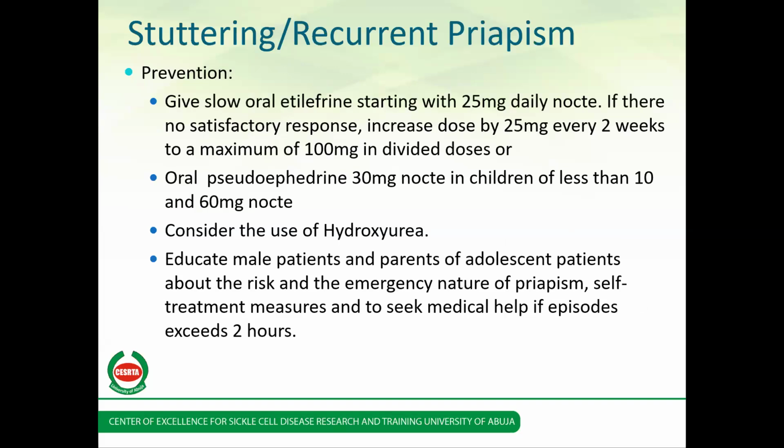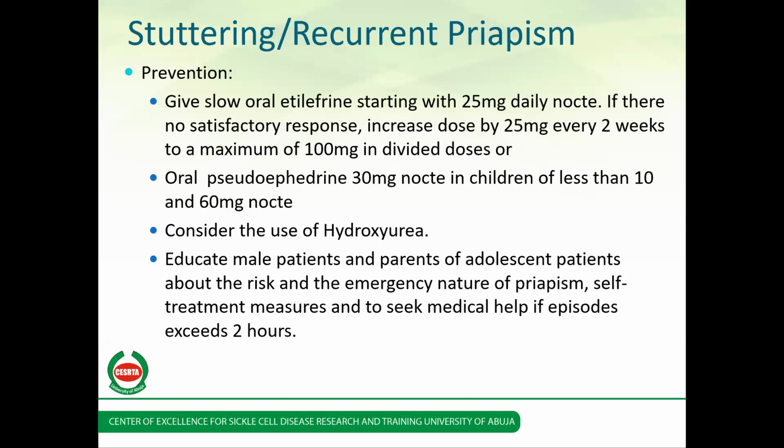Preventive measures include giving slow oral etilefrine starting with 25 milligram daily nocte. If there is no satisfactory response, increase dose by 25 milligram every 2 weeks to a maximum of 400 milligram in divided doses.